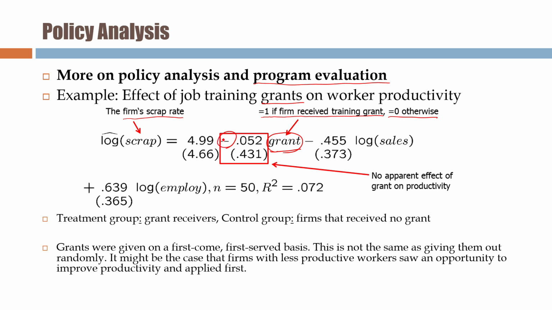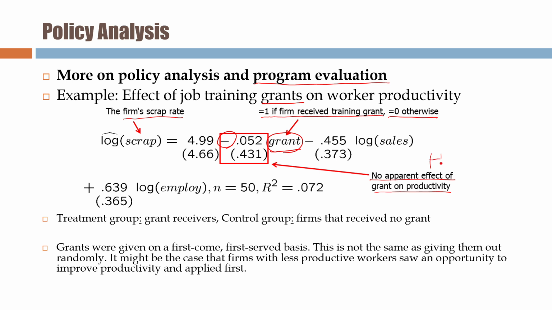So when you give a grant, the firm will do the training, and as a result the firm will have a smaller scrap rate, right? However, if you run this one, there is no apparent effect of the grant on the productivity.